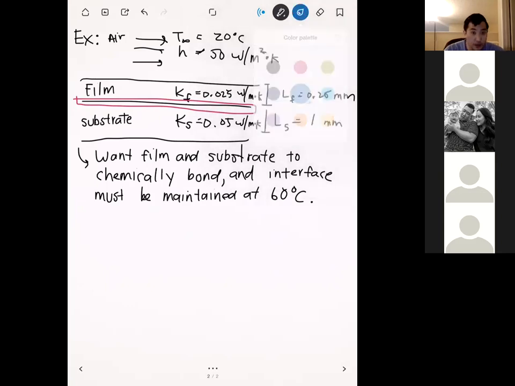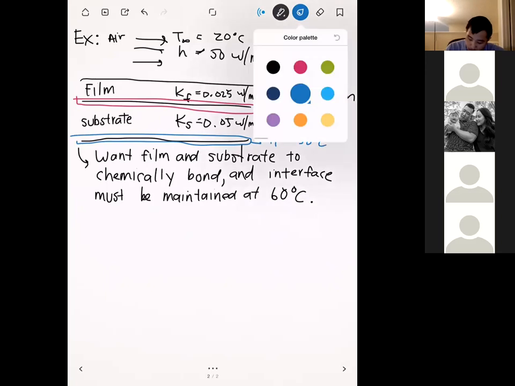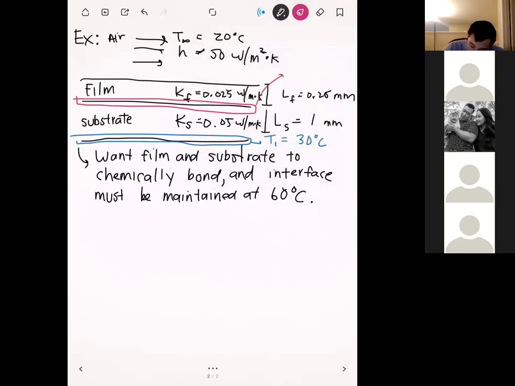One thing I forgot to mention is we know the temperature at the back of the substrate. At this surface right here, the temperature, which I'll call T1, is 30 degrees Celsius. And this temperature, we'll call Ts, has to be 60 degrees Celsius.